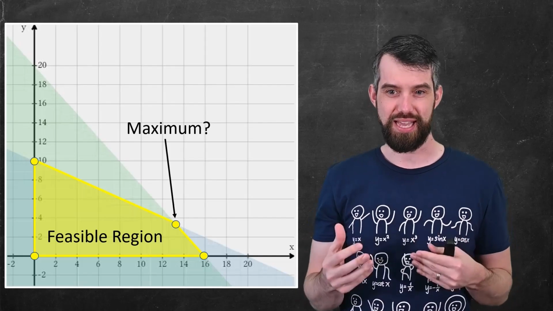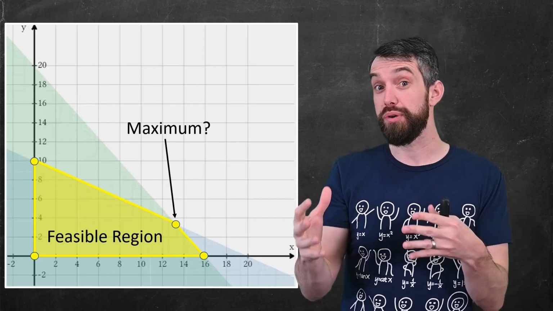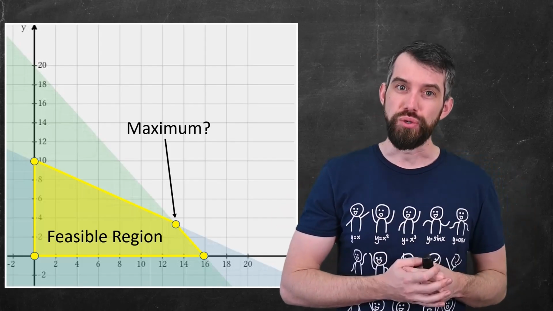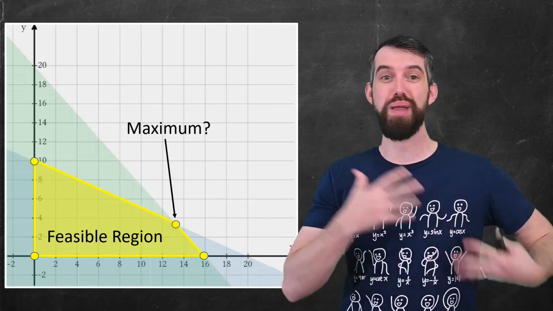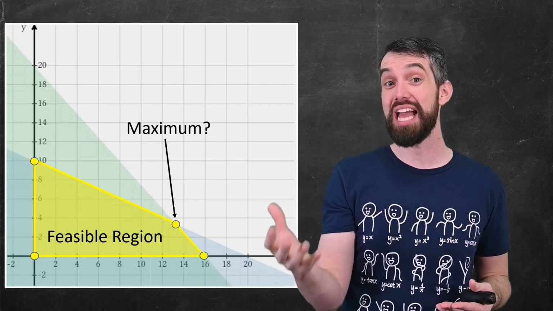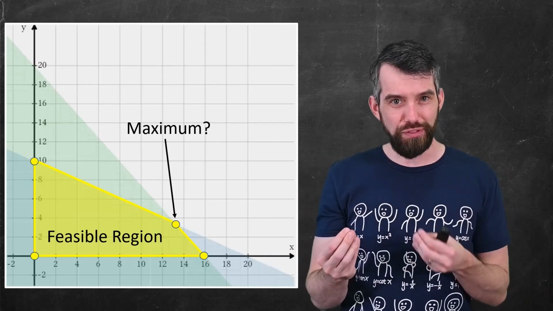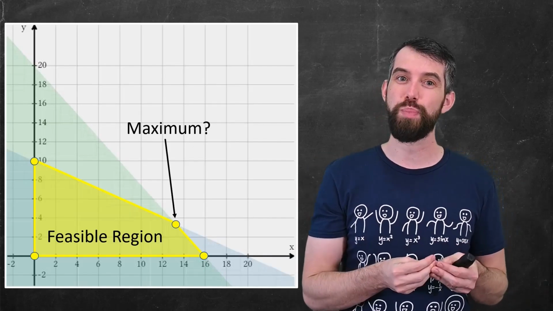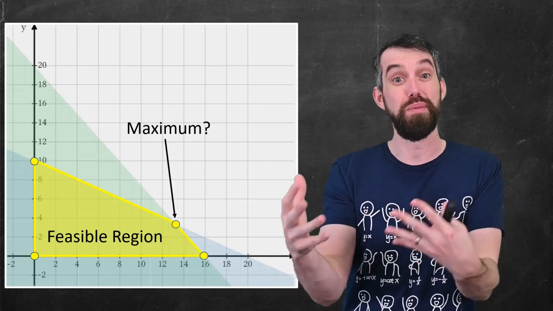But the idea is this. I have 80 hours available of labor, and I have 200 units of wood. If I use less than the 200 units of wood, I would have preferred to use more. I could have made more money if I used that wood in some way. Likewise, if I use less than the 80 hours of labor, I could have made more money by increasing that. And so, intuitively, what I want to do is find a spot where I'm using all of the wood and all of the labor, and that's going to give me the most amount of money.